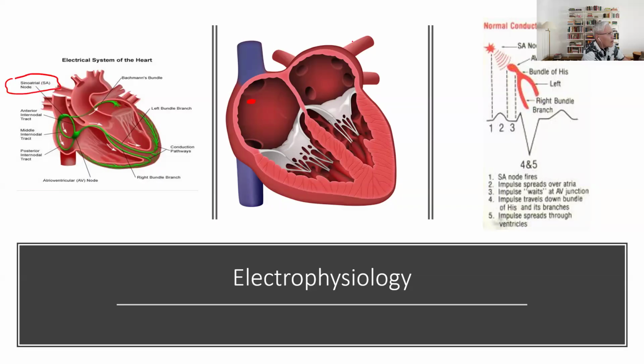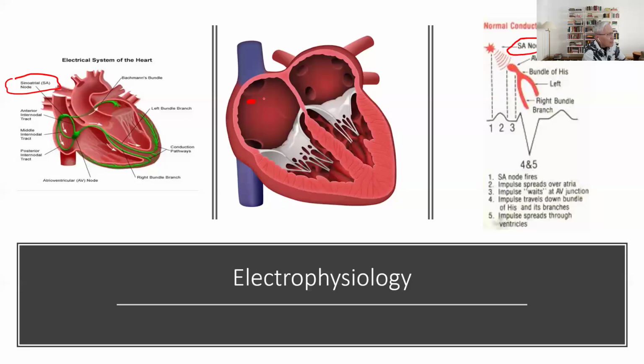The sinoatrial node are specialized cells that are located in the right upper atria, and they're the ones responsible for initiating an electrical complex. They usually have an ability of generating electrical impulses anywhere from 60 to 100 beats per minute.